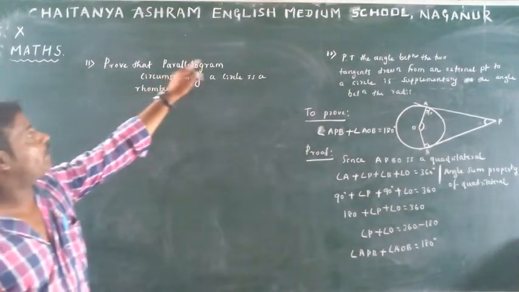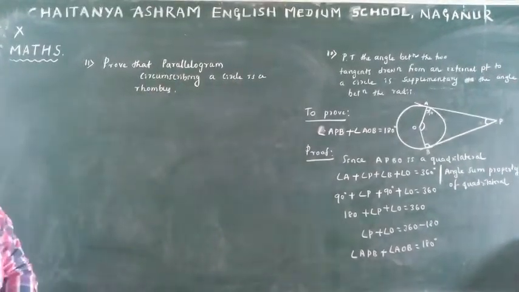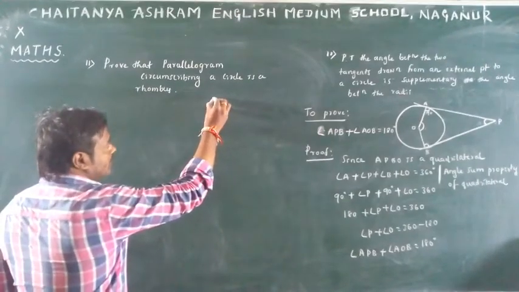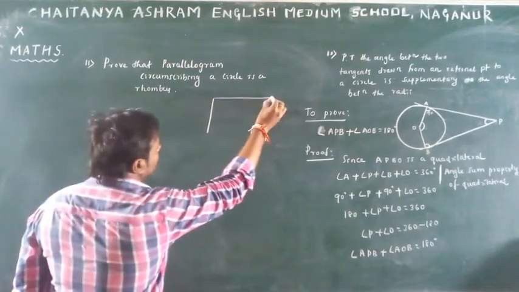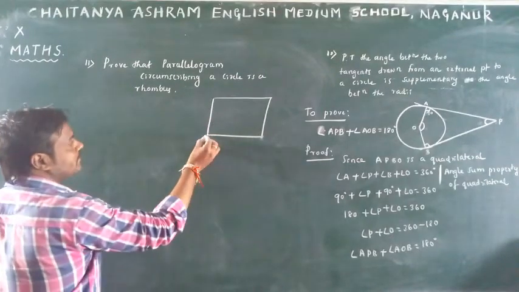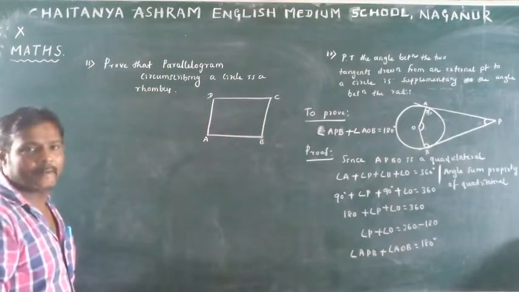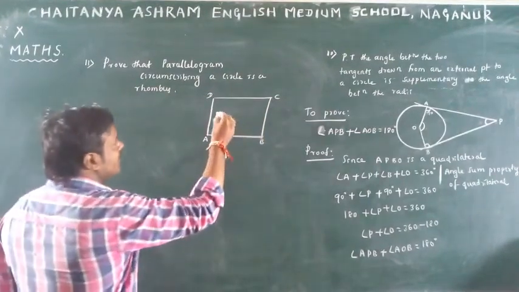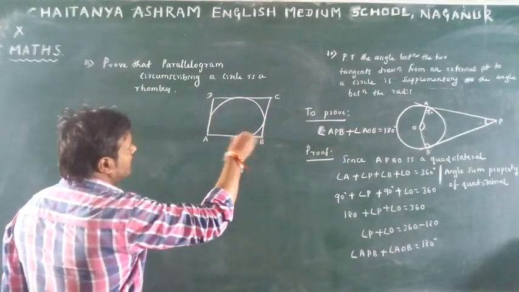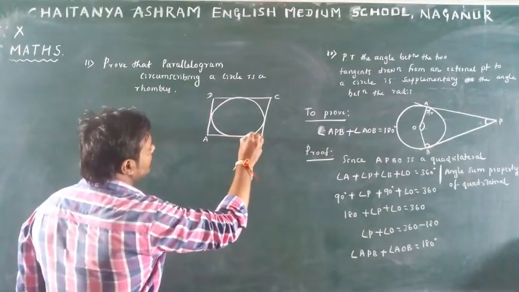Prove that a parallelogram circumscribing a circle is a rhombus. So there is a parallelogram. Say this is ABCD, a parallelogram circumscribing a circle.